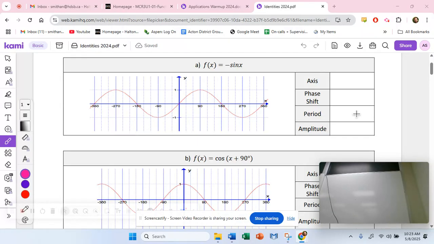Dashed in red here, apologies for my colorblind people, I've graphed the basic sine function. So what would the graph of negative sine x look like? And then list its properties. And then I've graphed the basic cosine function here. Can you guys graph what cosine x plus 90 would look like? I'll wait a sec while you make those two graphs, and we'll see what shakes down.